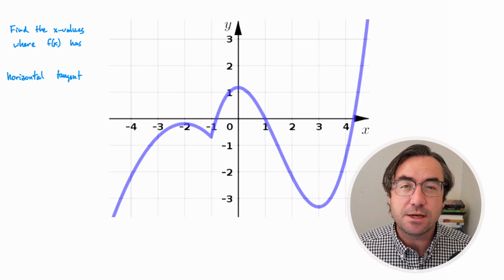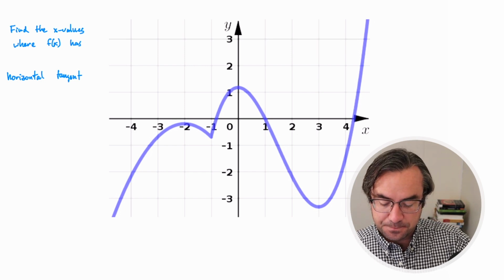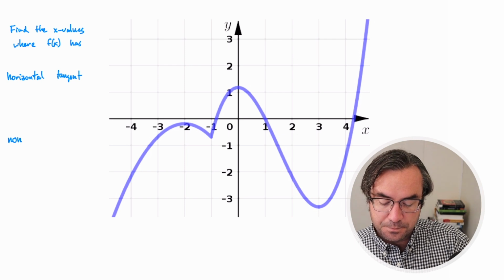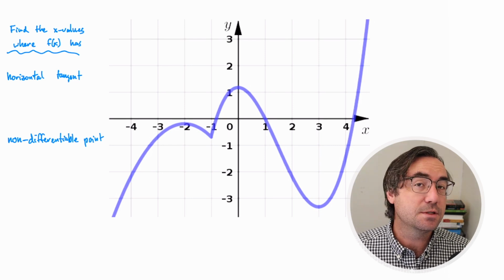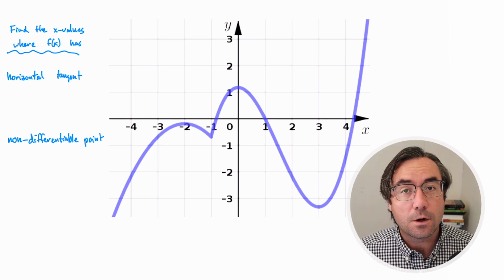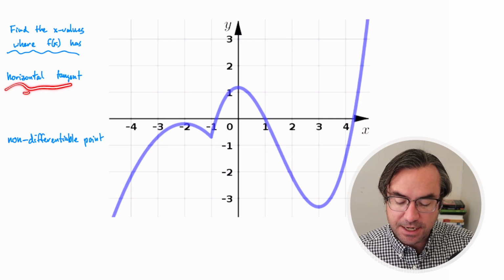We know sharp changes in slope happen when we have a non-differentiable point. So these are the two things we want to look for: x values where our function has either a horizontal tangent line or a non-differentiable point. Let's start with the horizontal tangent lines.